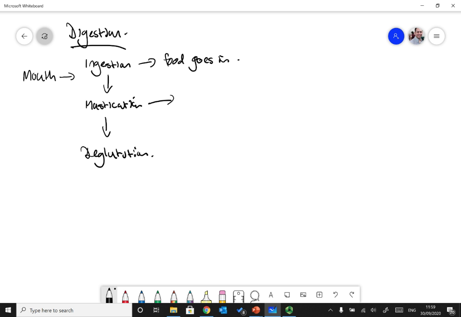Then we've got mastication, and this is broken down into a couple of things. We've got the first part, so part one of mechanical digestion. And we've also got part one of chemical digestion.